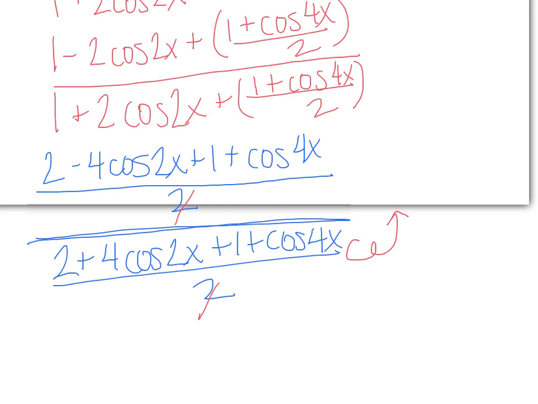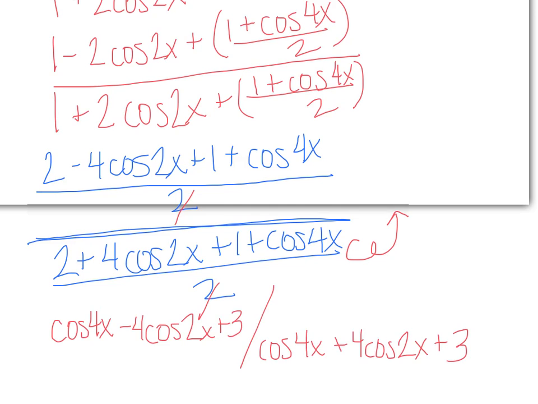So now all I'm going to have is almost the same thing on top and bottom, but they are a little bit different. So now, writing top and bottom, I have a big expression over a big expression, but everything is written in terms of cosine of multiple angles.